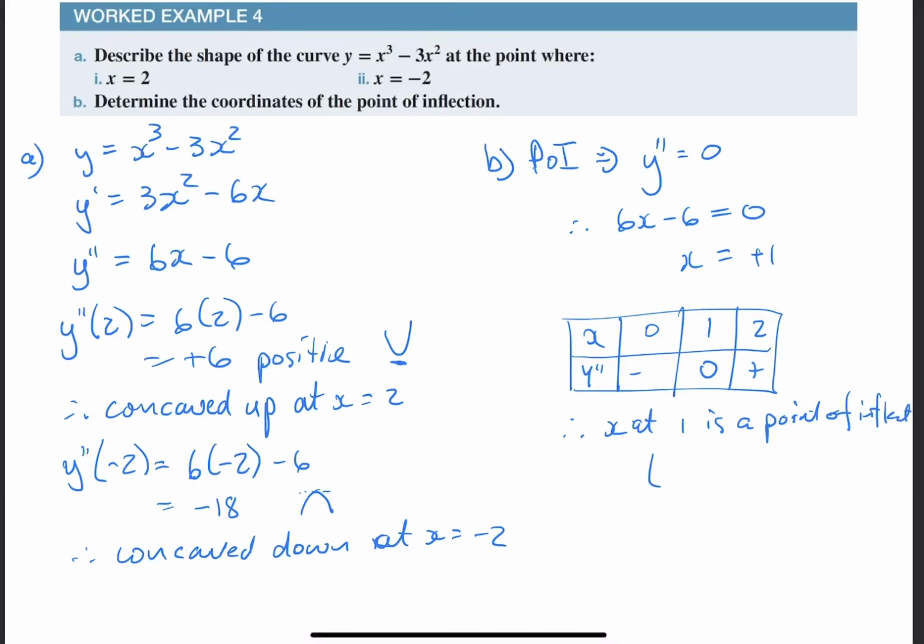And the point of inflection is when x is 1, put 1 in there. They ask for the coordinates. So when x is 1, what is y? Probably still have to show that. So y at 1 equals 1 cubed minus 3 times 1 squared.